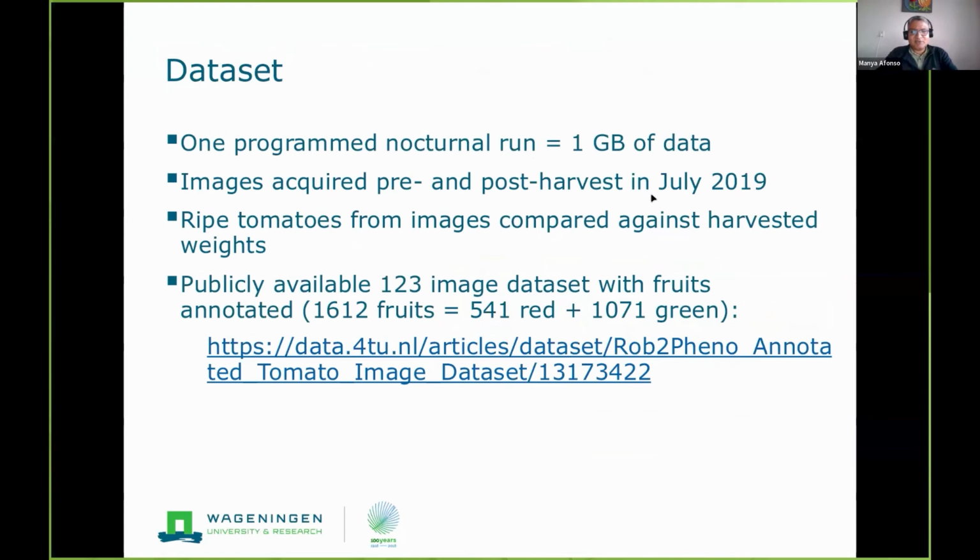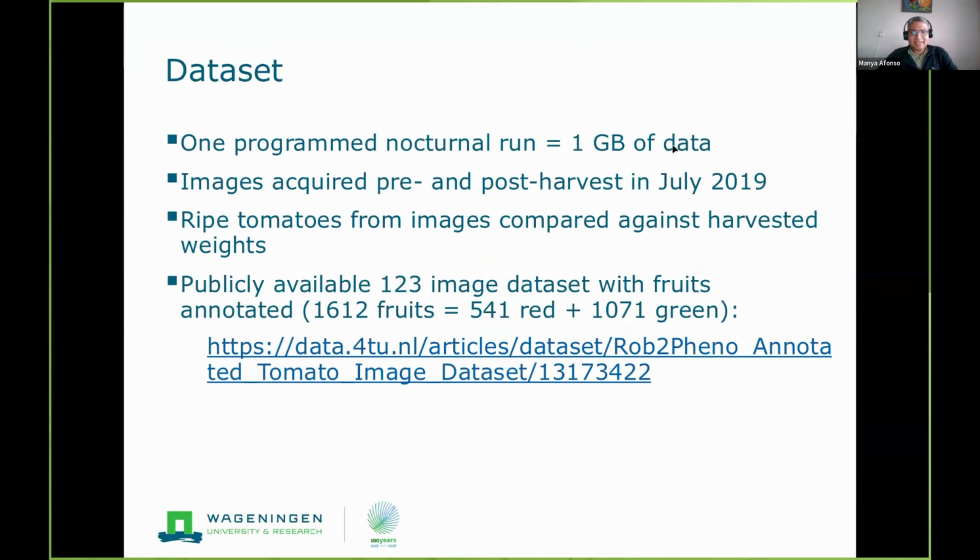The data set that we have is partially public. We have some annotated images which you can find from the link. You need to keep in mind that each run of the Phenobot produces roughly 1 GB of images.